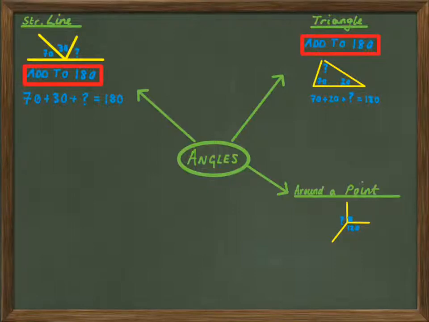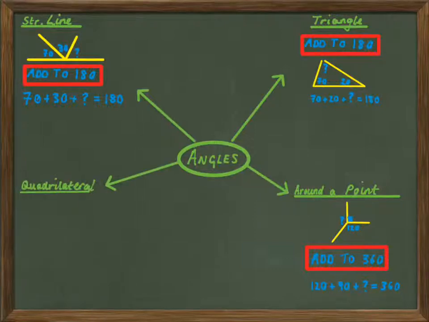So if you did a full circle, as I was saying, it has to add to 360, so that's my fact. So a full circle adds to 360, or around any one point. So in this case, it would be 120 plus, remember that little box stands for 90, plus the question mark, equals, what's the fact? 360, and I do the same as I've done in the previous questions.